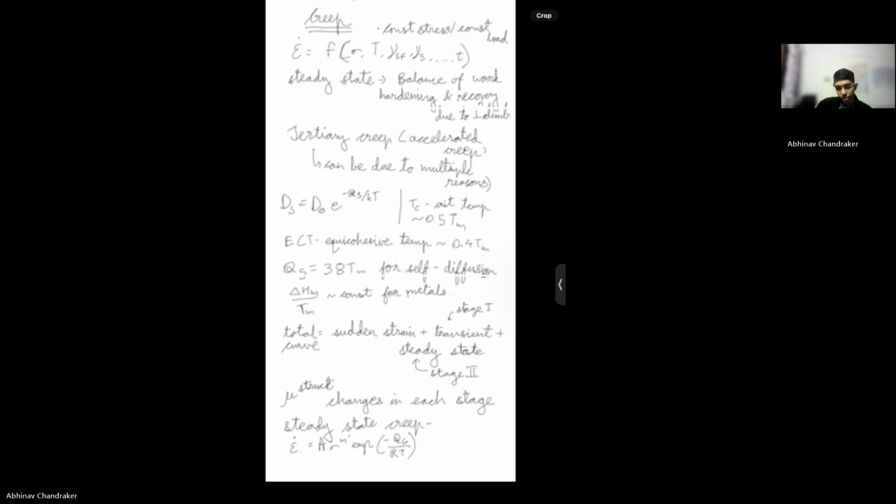So by doing all these studies, they have come up with certain equations to model creep in certain conditions and in certain materials.